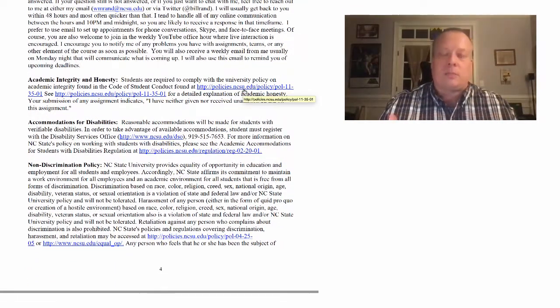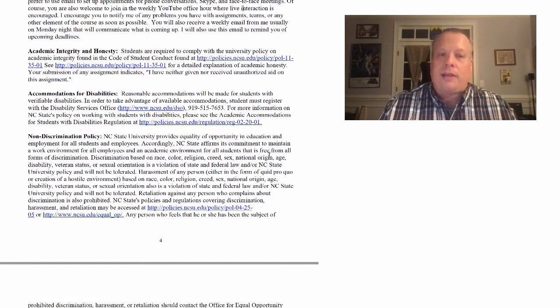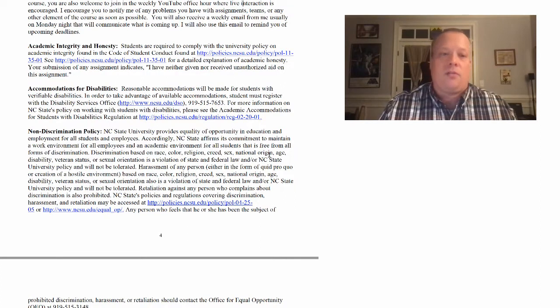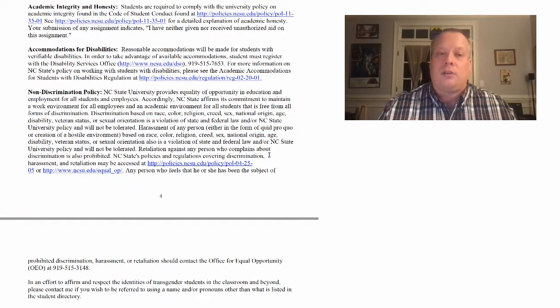A couple other small administrative details, of course very important: academic integrity and honors, you are bound by this code of student conduct. If you have any disabilities that may prevent you from participating in the class fully, please let me know, and I'll see what we can do to accommodate those. NC State is a non-discrimination university.